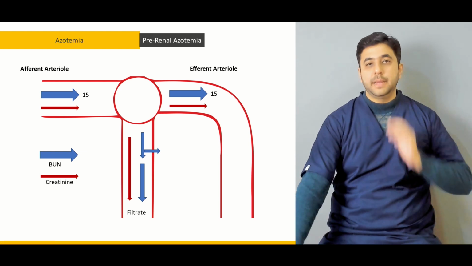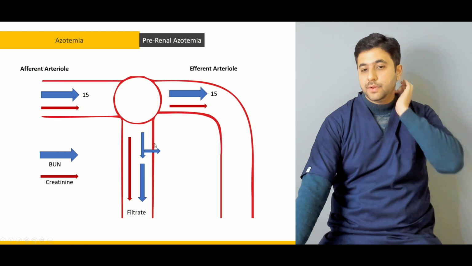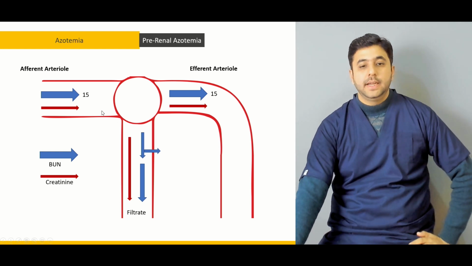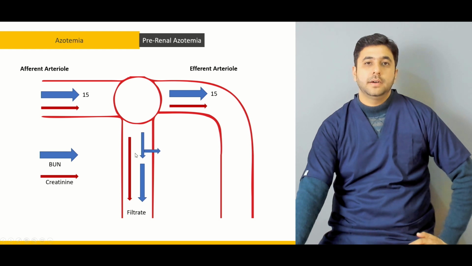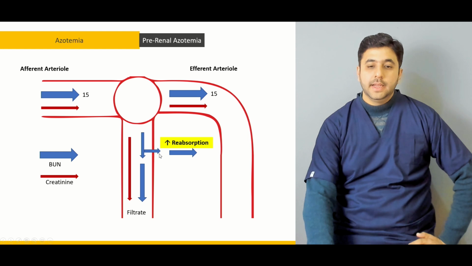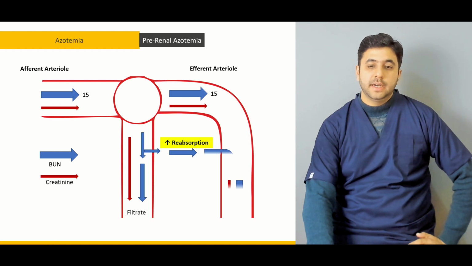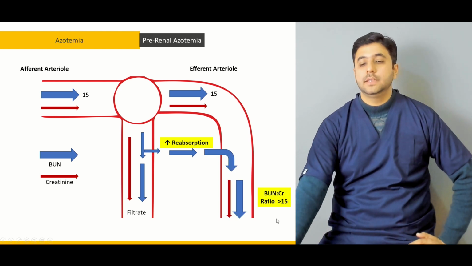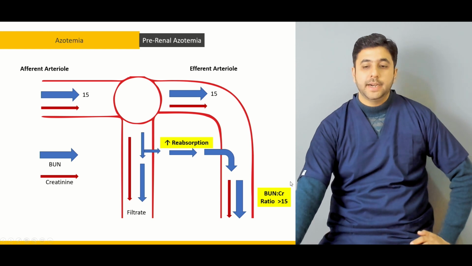But because of hypovolemia, there will be decreased GFR, and decreased GFR will lead to decreased flow rate in the tubules. Because of the decrease in the tubular flow rate, there is increased reabsorption of urea. This increased reabsorption of urea will lead to an increase in the BUN and creatinine ratio greater than 15.